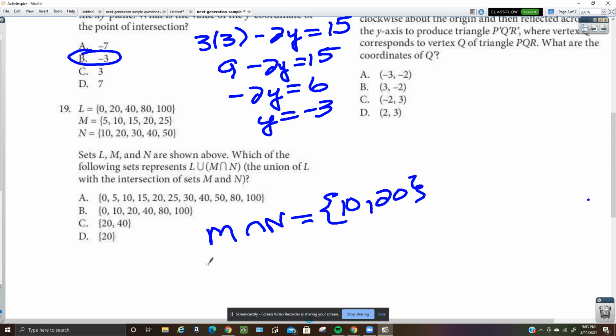Now you want to do L union with 10 and 20. Is this answer here? So all the numbers in L, 0, 20, 40, 80, 100, plus these two, 10, 20.